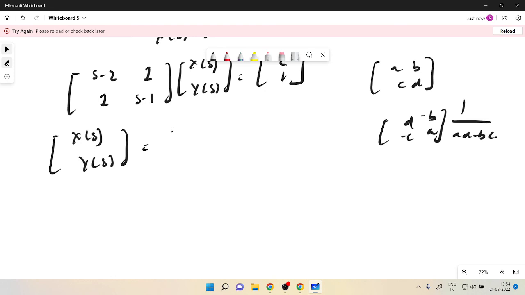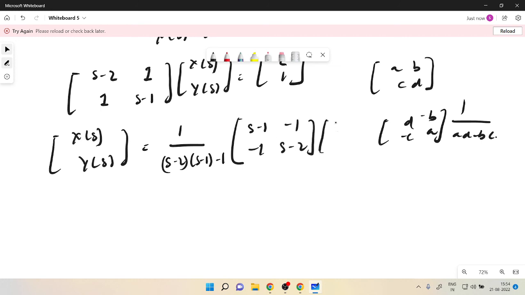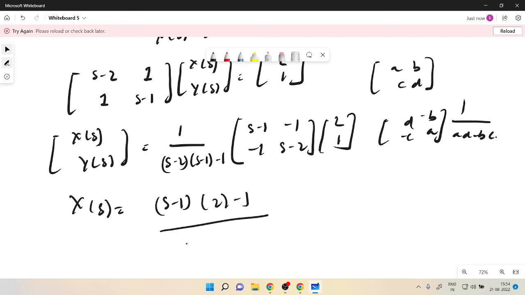So this is basically 1 over s minus 2 into s minus 1 minus 1, times s minus 1, minus 1, minus 1, s minus 2 times 2, 1. This implies x of s is s minus 1 into 2 minus 1 by s square minus 3s plus 2 minus 1, so s square minus 2 into 3 by 2 times s plus 9 by 4 minus 5 by 4.